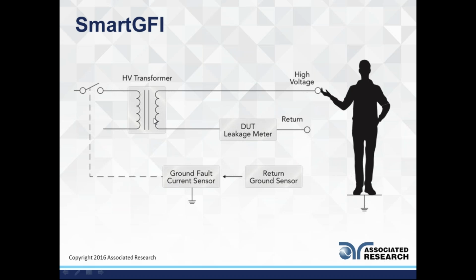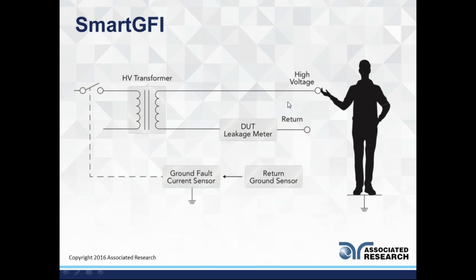Now the issue that comes up is this transformer knows how much current is being put out or how much current is missing, or the total value of the current that this DUT has just pulled from me, whether it be from normal use or from leakage to ground. It knows that it should see that much in the return.